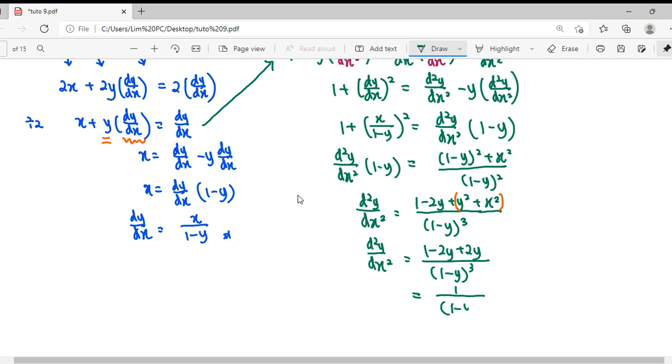So plus minus will become 0. When the plus minus finishes, that will be our expression, showing this answer is 1 over 1 minus y cubed.